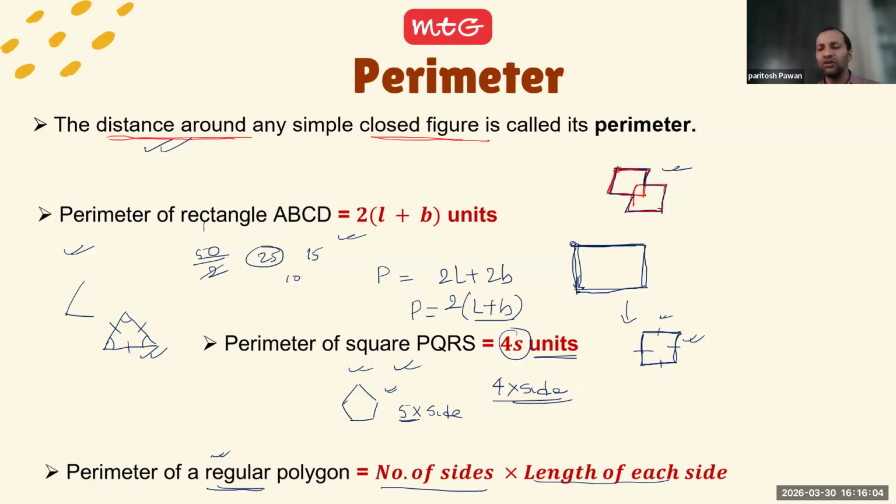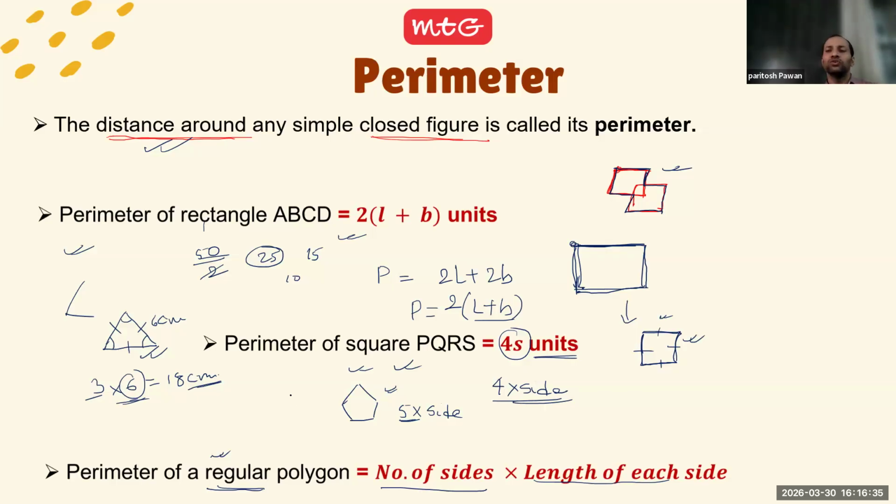In a polygon we have to see the number of sides. Like an equilateral triangle has 3 sides, and if each length is 6 centimeter, the perimeter will be 3 into 6, that is 18 centimeter. So number of sides multiplied by length of side gives the perimeter of a regular polygon.